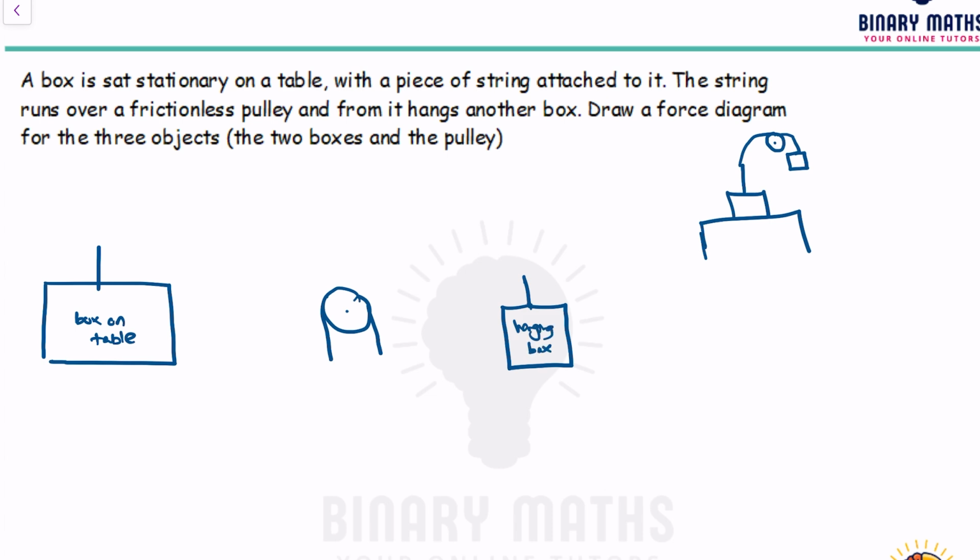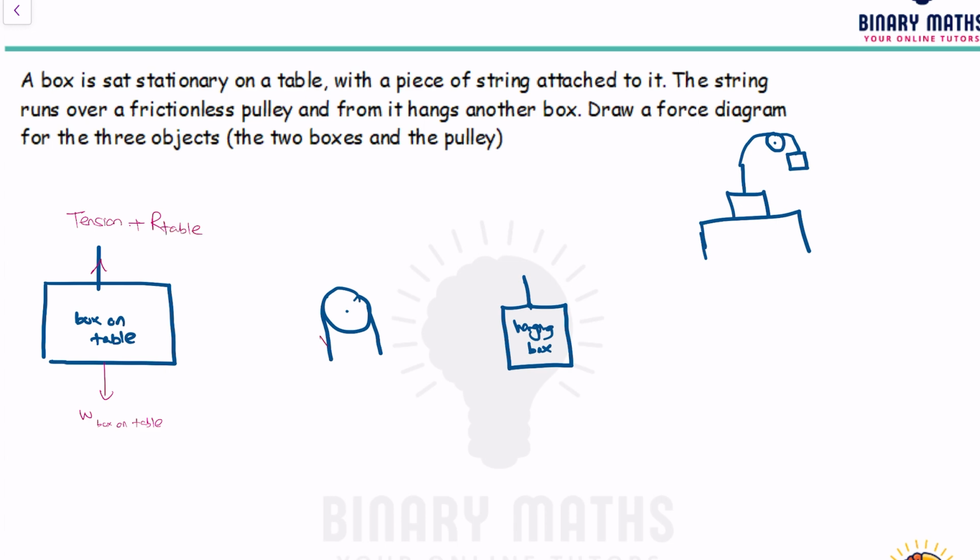So the box on the table feels its own weight of box on table. It feels thrust, so tension, not thrust, sorry, tension from the string. So I'm just going to write it here. Tension, plus you'll feel the reaction force from the table pulling it up. So reaction from table.